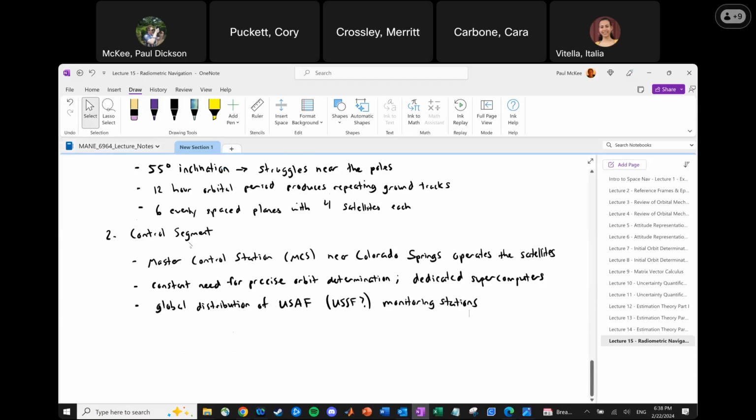And finally, there's the segment that y'all are most familiar with, which is the user segment. This is like the PBS part where it says, and viewers like you, thank you. So this is static and mobile GPS receivers.